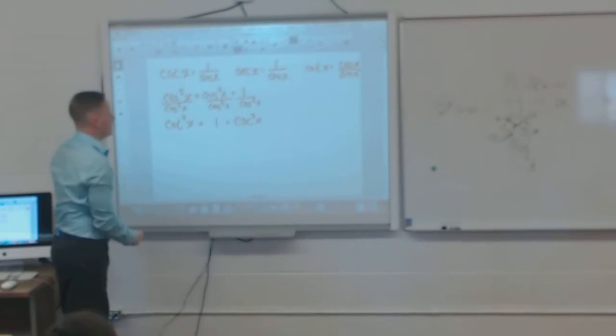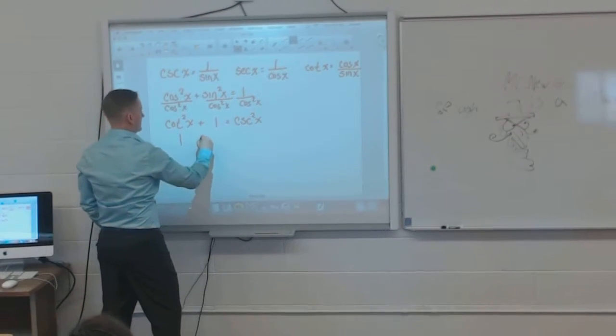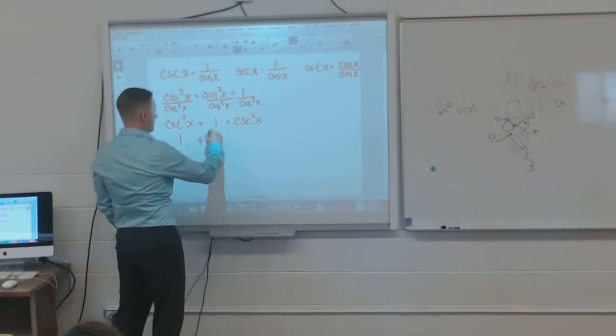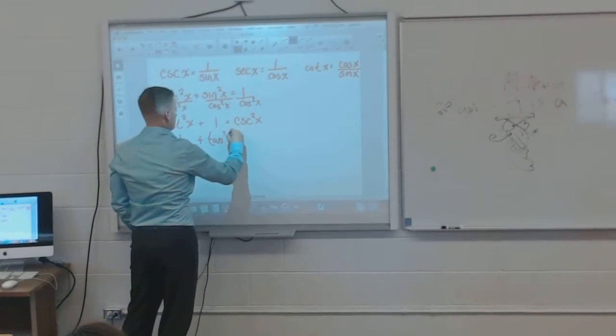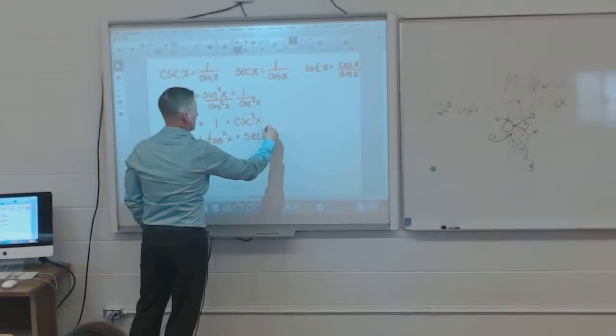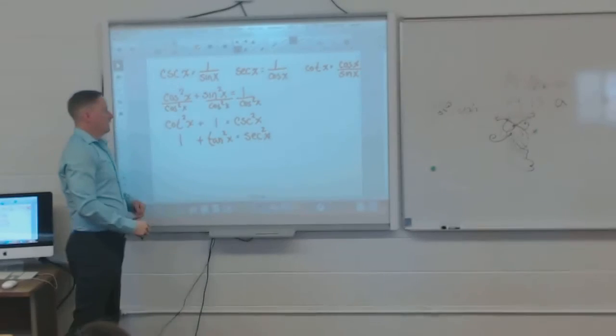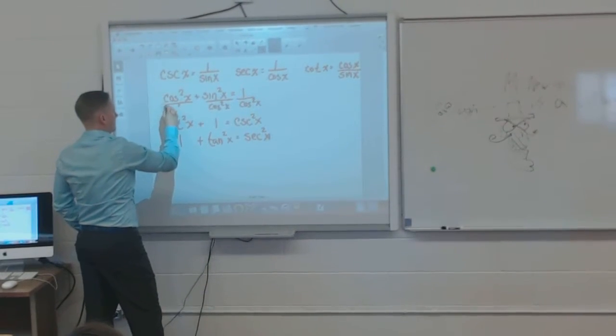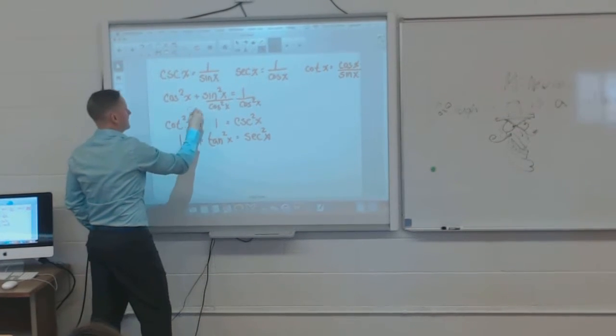What's cos squared over cos squared? 1 plus sine squared over cos squared is what? Tan squared x. 1 over cos squared is? Secant squared x. I have just created 3 identities. They're referred to as the Pythagorean identities.